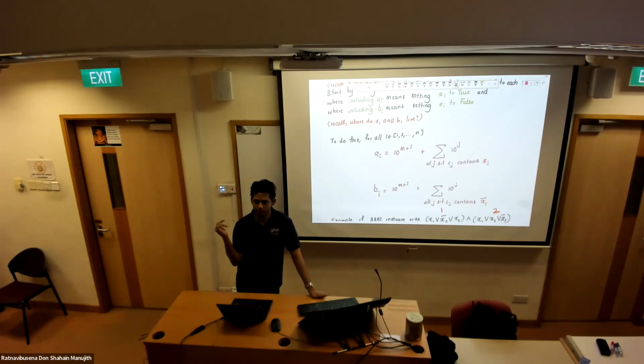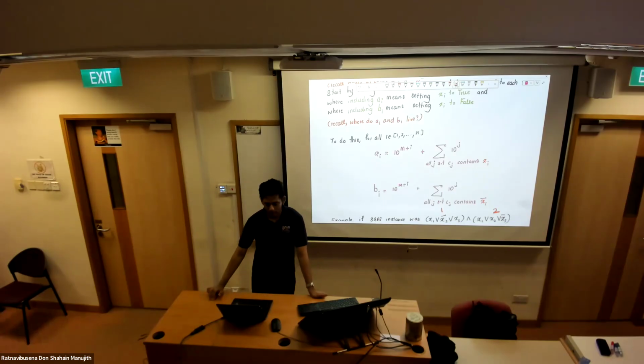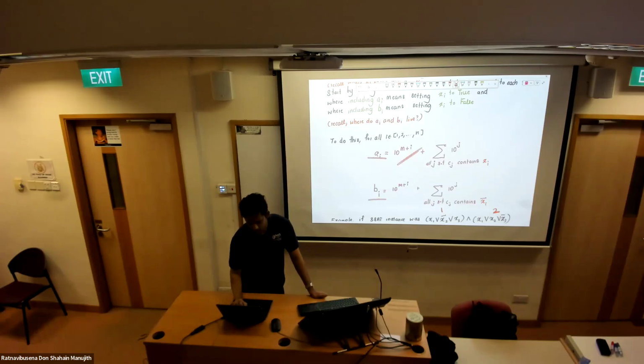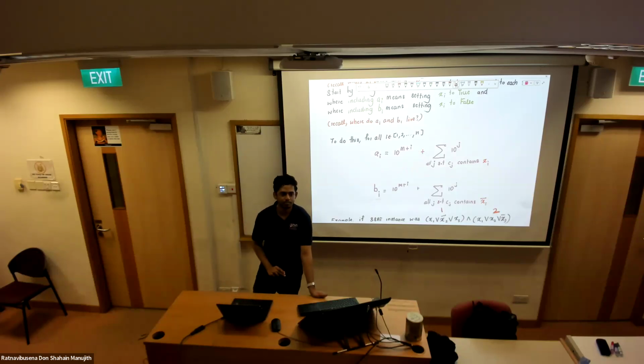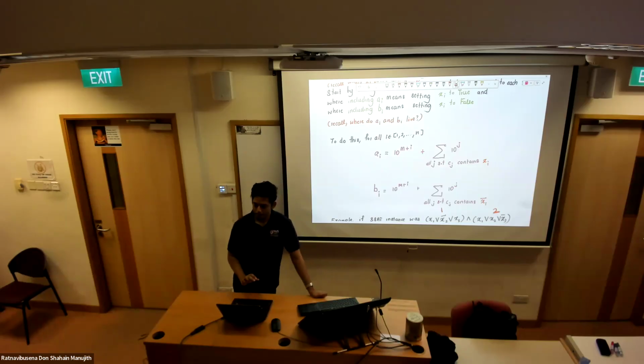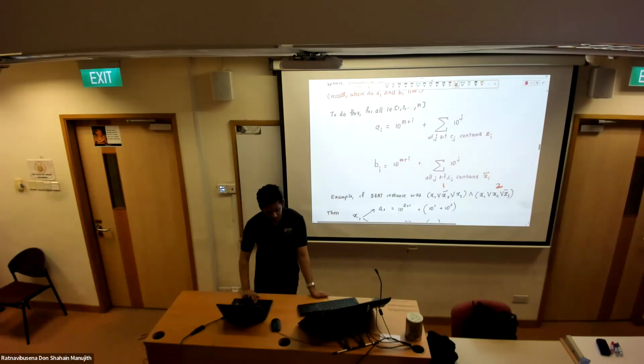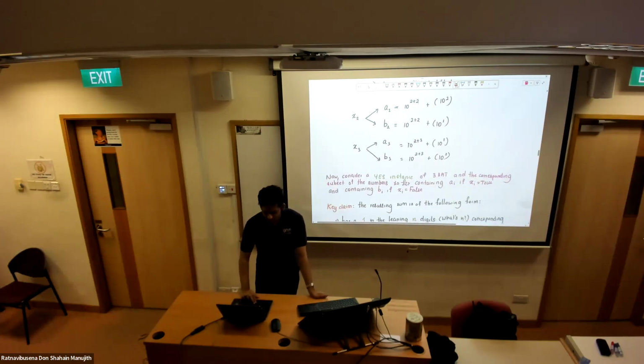None of the other numbers have a 1 in that digit. So only a3 and b3 have a 1 in the position of 10^(n+3), because no other number has a 1 there. Is that okay? This should be very easy, but it will take some time to understand. It's nothing hard.